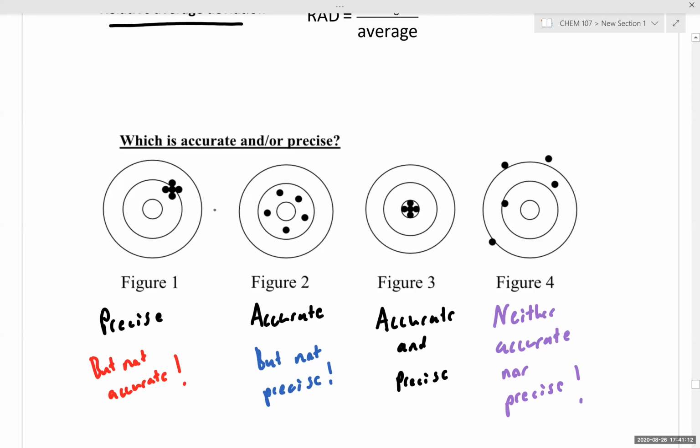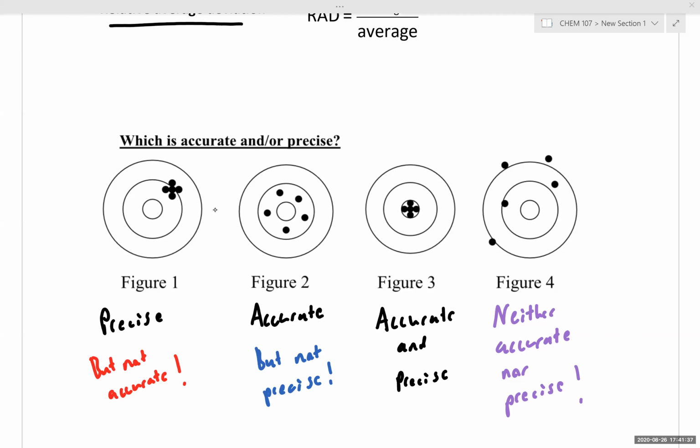Accuracy is a measure of how close your data points are to the target value, which is the center. So if all of our data points are very close to the center, we're very accurate. If all of our data points are far from the center, then we're not very accurate at all.